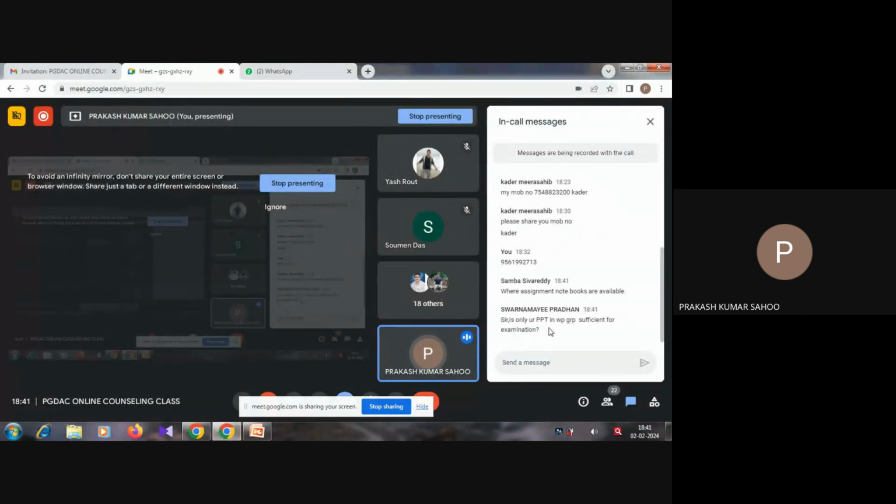Sir, is only your PPT in the WhatsApp group sufficient for examination? So this is the PPT. Just read the PPTs for your basic understanding, and you should follow your book, that is the PDF provided by IGNOU. Don't try to read everything.